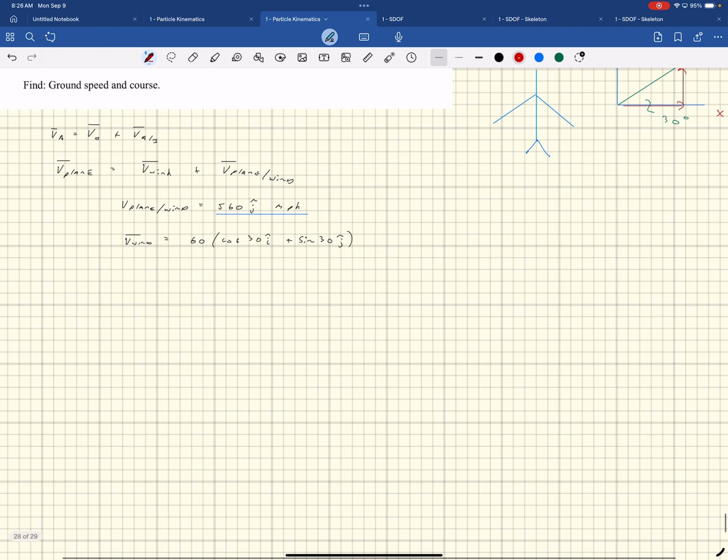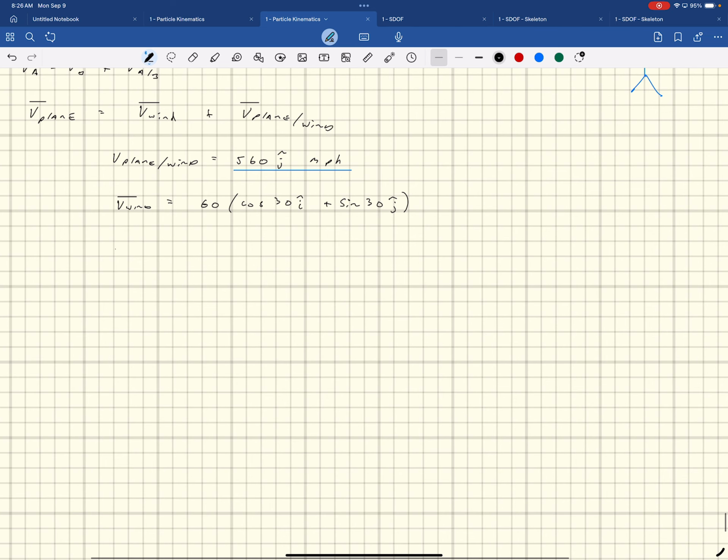Okay, so then the velocity of my plane is equal to the velocity of the wind, 60 times cosine 30 in the I, plus sine 30 in the J, plus 560 in the J. Then you add the like components.